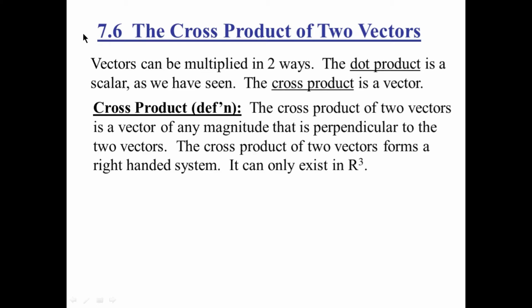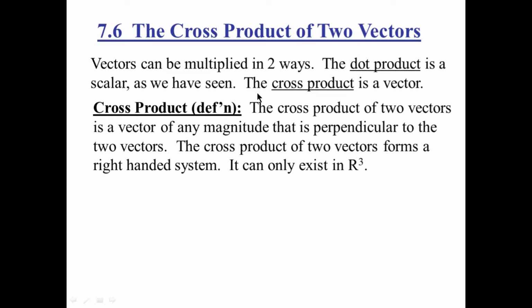Cross product definition. The cross product of two vectors is a vector of any magnitude that is perpendicular to the two vectors that are being crossed. The cross product of two vectors forms a right-handed system, and it can only exist in R cross R cross R. That's the only time that the cross product makes sense.